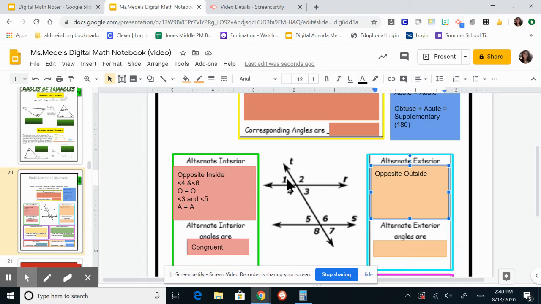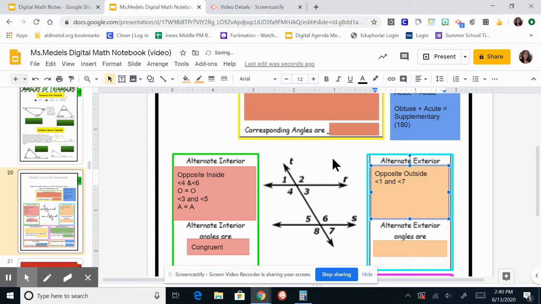You are going to pick an angle. I'm going to pick angle 1. And the alternate exterior to 1 is that 7. They are on opposite sides of the transversal outside. So that is angle 7.